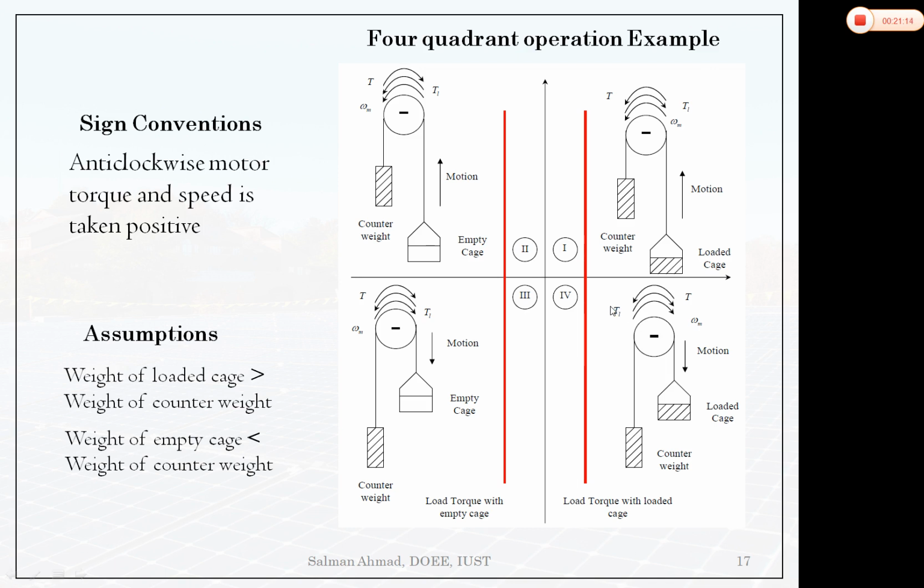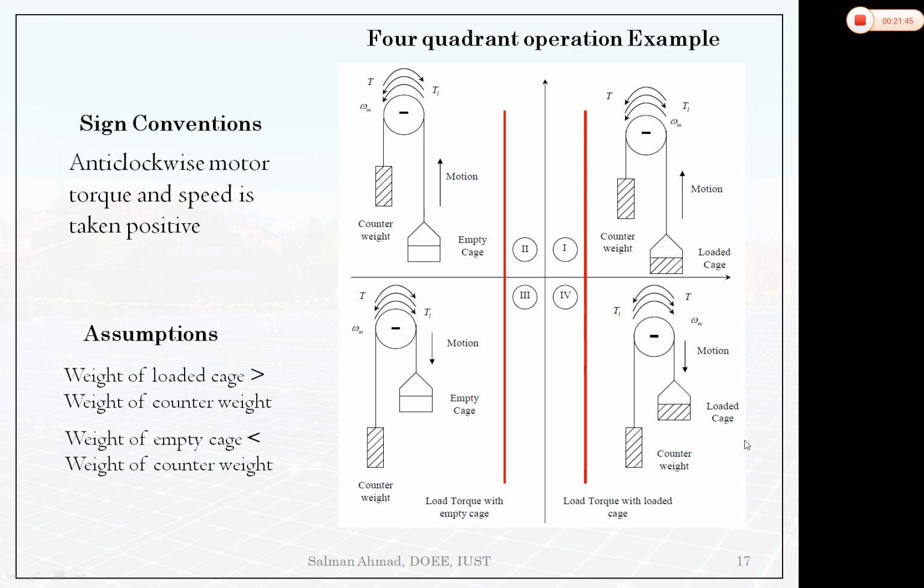Now come to the fourth quadrant. Here we have the loaded cage and it has to be moved downward. Naturally the load torque will be in the clockwise direction, so the motor has to produce anti-clockwise torque to balance it. So motor torque is positive.